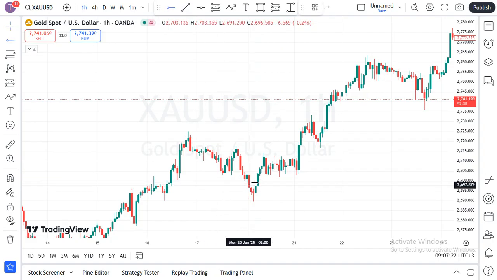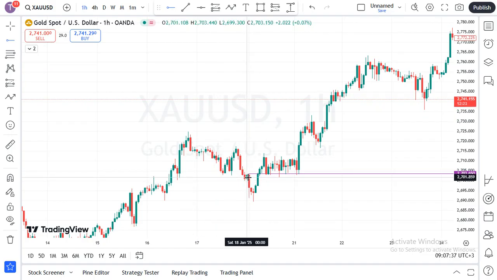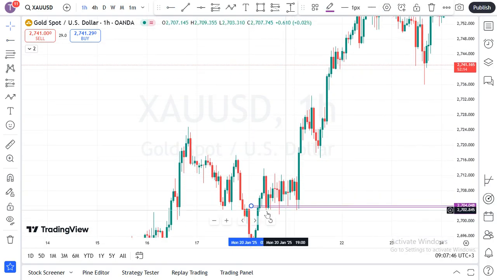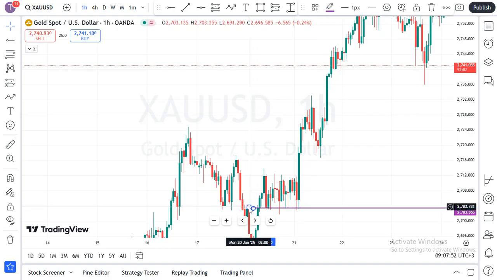Example one. As you can see, this candle had a wick, and then this candle, as you can see. And then also mark it clear here. So this was a strong zone.